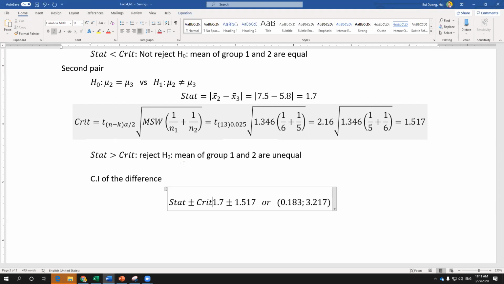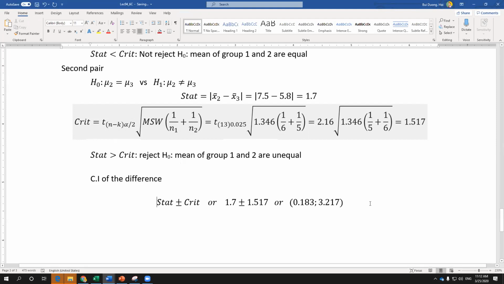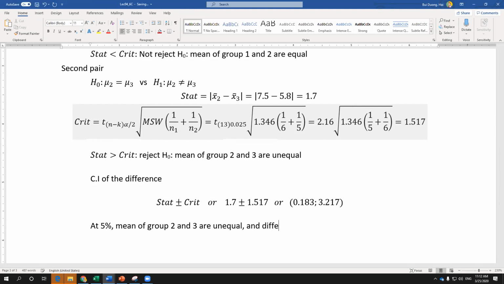Therefore, in general at 5%, the means of group 2 and 3 are unequal, and the difference interval is 0.183 to 3.217. Okay.